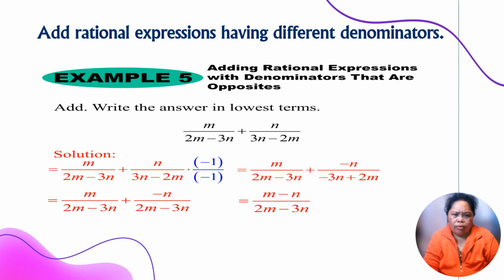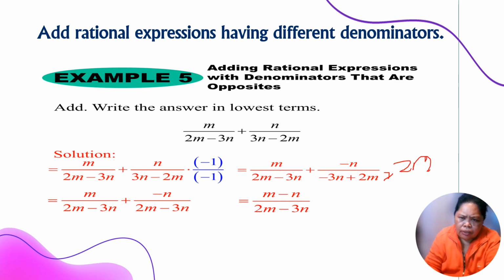By multiplying it by negative 1, this will be m over 2m minus 3n plus negative n over negative 3n plus 2m. After combination, we can now have the same denominator, 2m minus 3n.